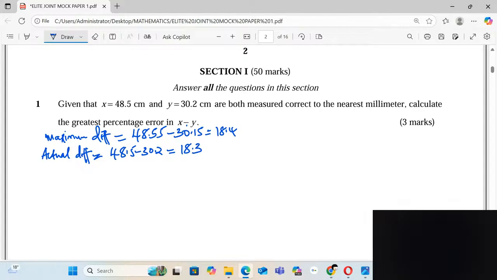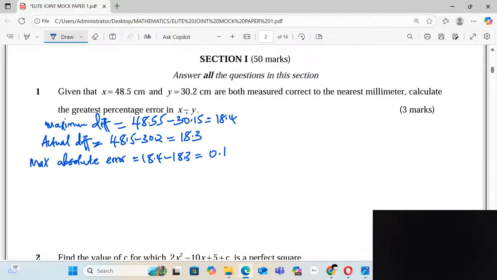Then we move to the maximum absolute error. The maximum absolute error is 18.4 minus 18.3, and you get 0.1. Remember, the question was asking for the greatest percentage error, that is the maximum percentage error.